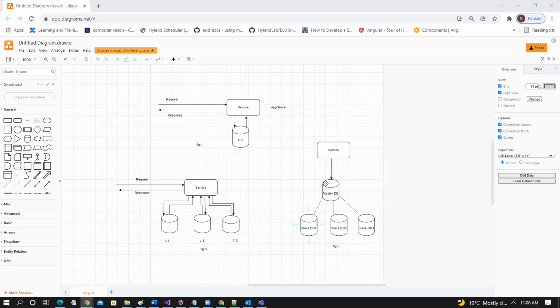In the meantime, if that data has not been updated from the master DB to the slave DB, then as we are allowing asynchronousness, there is an issue of inconsistency. Is it true or not? Yes, it's true. This type of system has this type of problem.